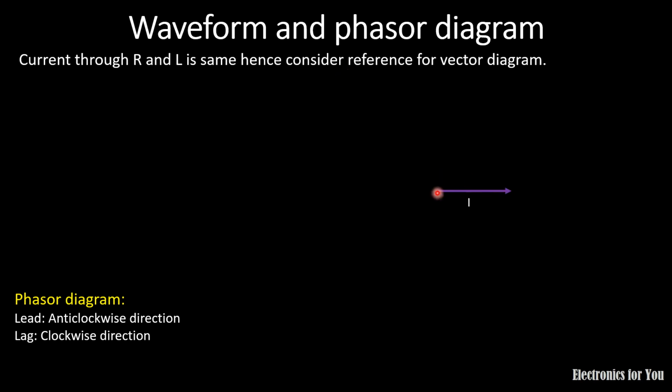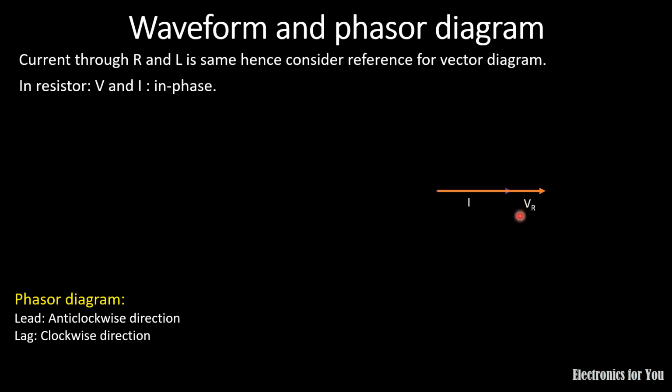The reference is the horizontal x-axis, so this is your reference I. Now we will draw the voltage across the resistance. In case of a resistance, voltage and current are in phase, so its vector has no phase difference and will simply overlap with the current like this. So this is the voltage across the resistance.